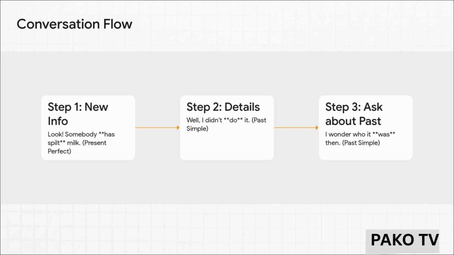Like, look, somebody has spilt milk on the carpet. The result? There's a puddle of milk right there. But then, once we've established the news, we switch to the past simple to talk about the details of that past event. Someone says, well, I didn't do it. Another person asks, I wonder who it was then. See? We're now investigating the finished action of spilling.